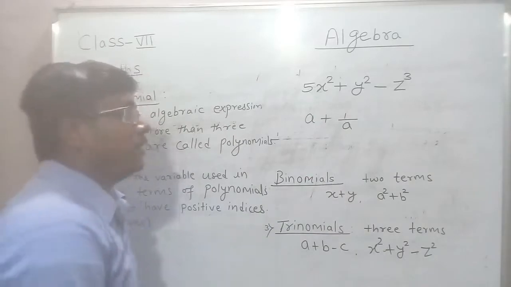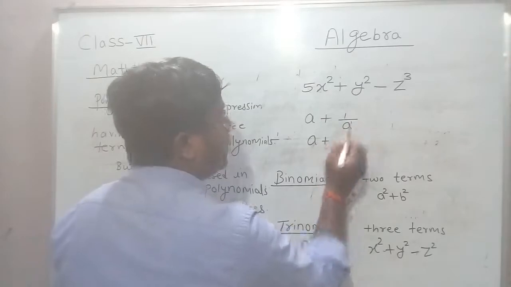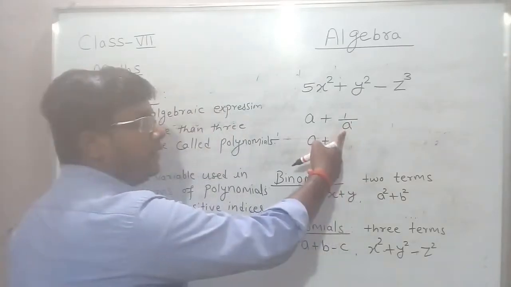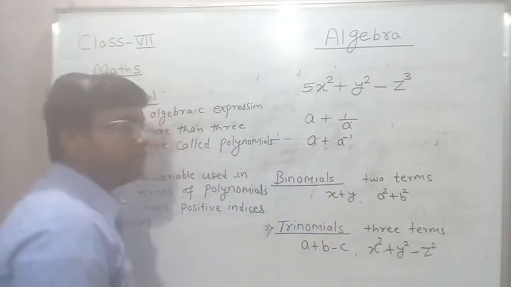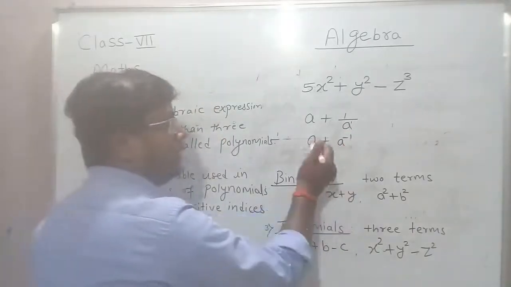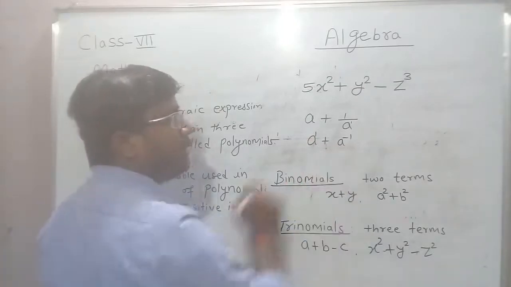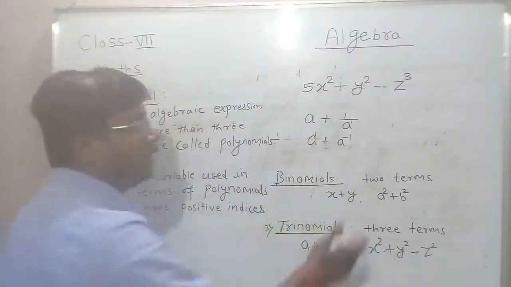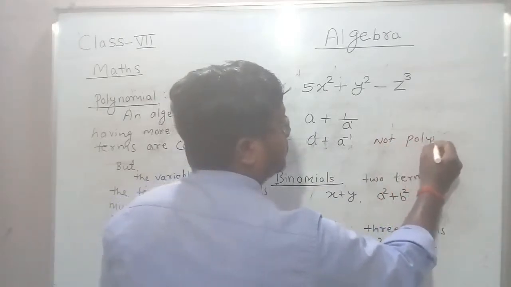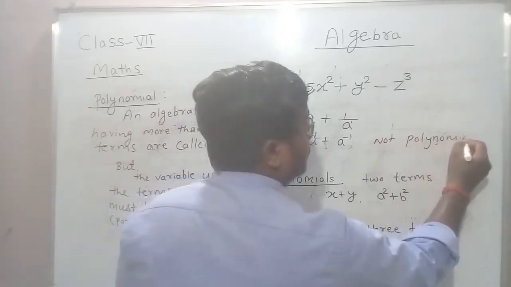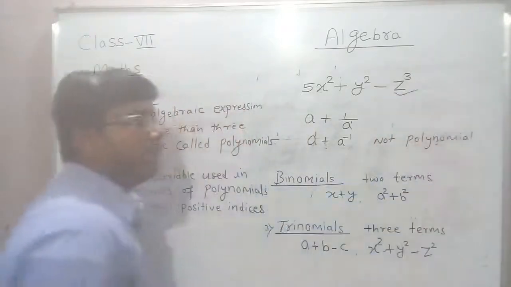It is not a polynomial, because using the law of indices we can write a to the power minus 1. The power here is minus 1, a negative power. So this is not a polynomial, this is a polynomial.